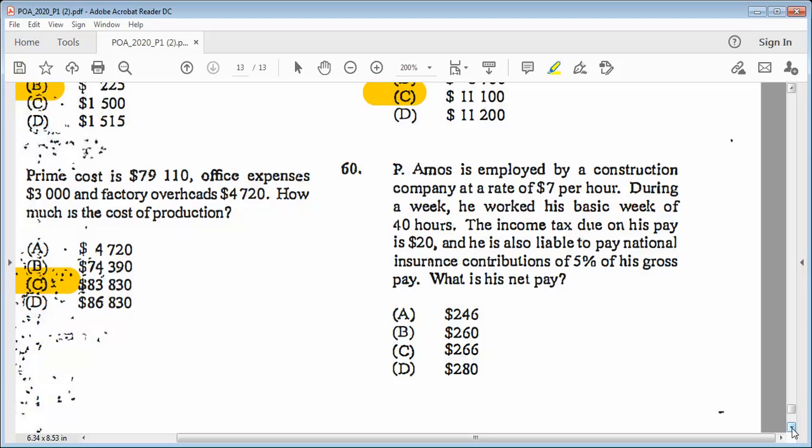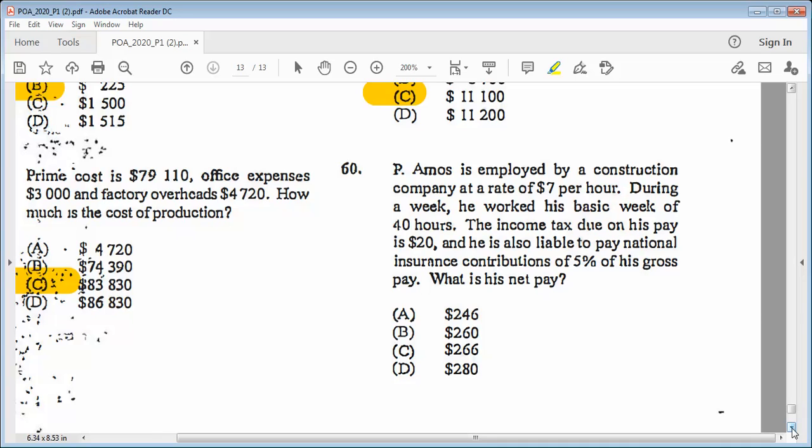Well, we're given the rate, $7. It was 40 hours, so 7 times 40, that is $280. Now, he had an income tax due on his pay, that was $20, so you would less that from it. And $20 taken away from $280, we're left with $260. Now it says he's liable to pay national insurance contribution, which is 5%.